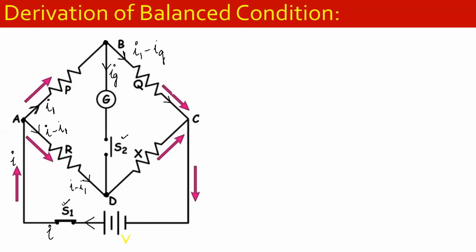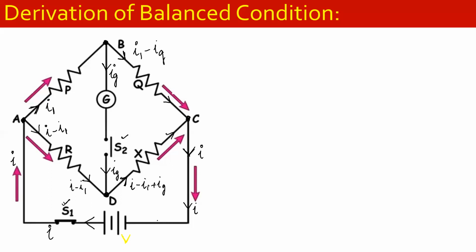This I minus I1 and this IG are reaching to another junction that is D, and both these currents will be added, and this combined current, that is I minus I1 plus IG, will flow through the branch DC. Through BC branch I1 minus IG current flows, and reaches junction C, then the current through C will be I only.